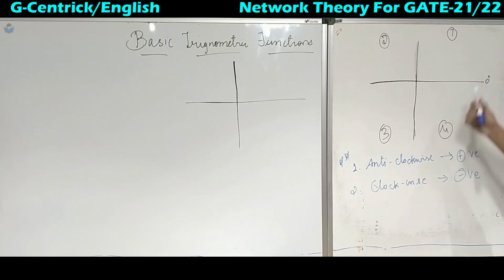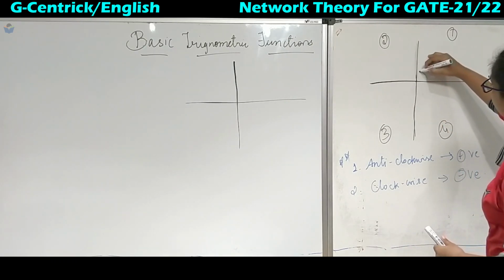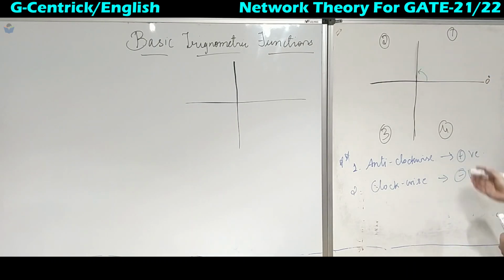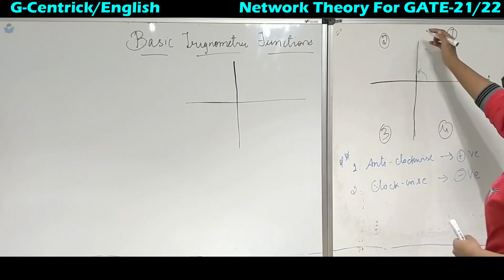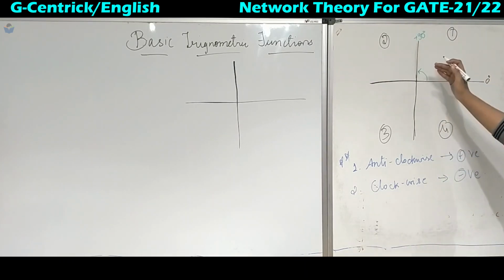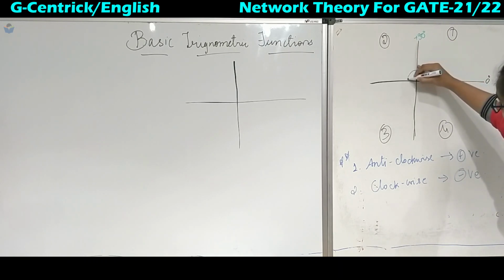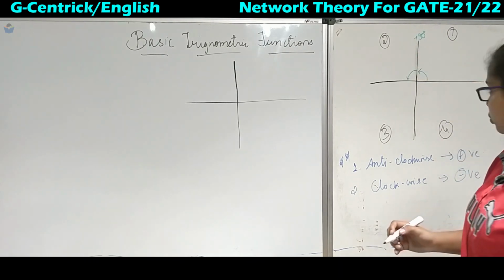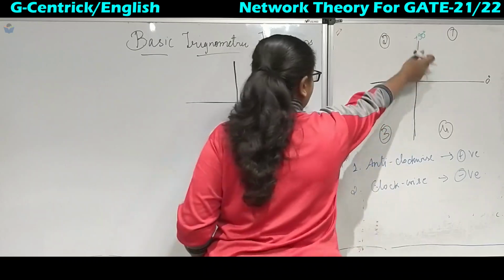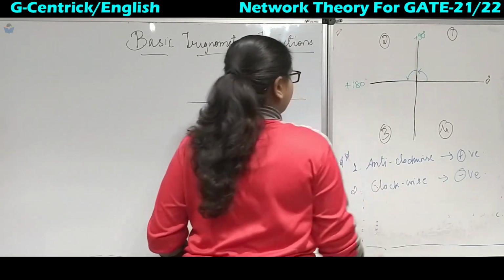Now coming to this, if I move from this in this direction, this is the anti-clockwise direction, so I will get plus 90 degree. Now again I will move 90 degrees in the anti-clockwise direction, so I will get positive 180 degree, because 90 plus 90 is plus 180 degree.